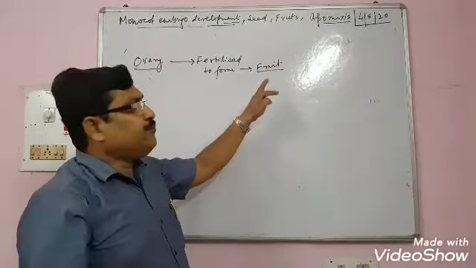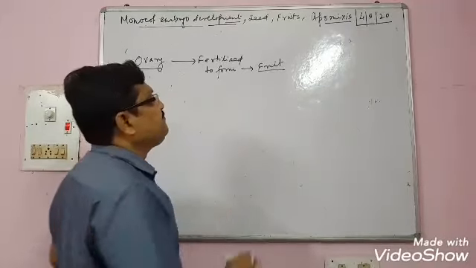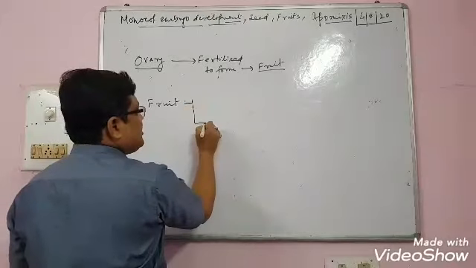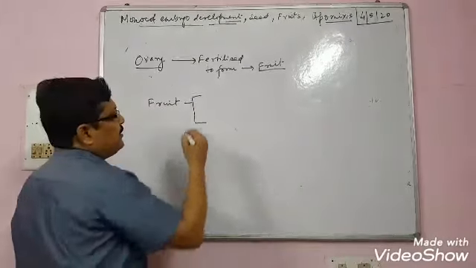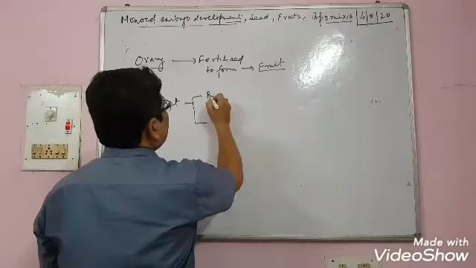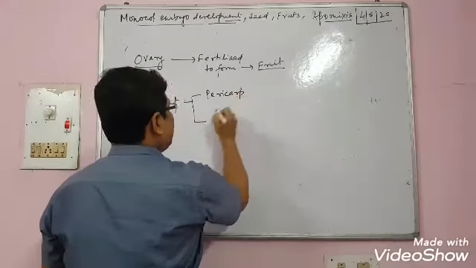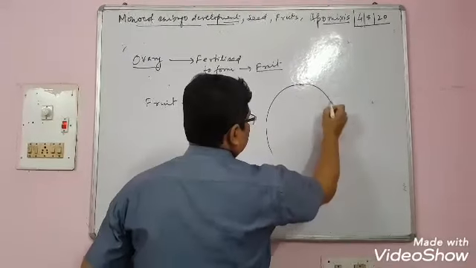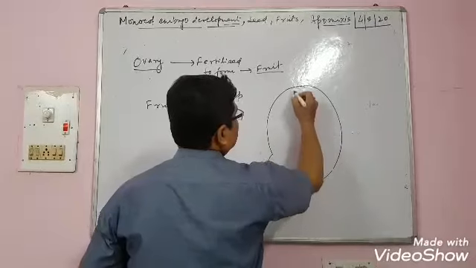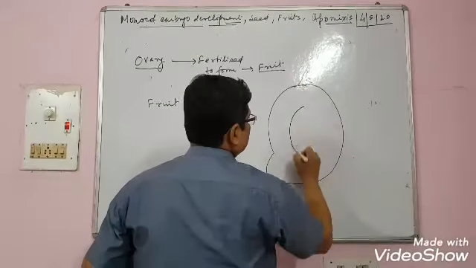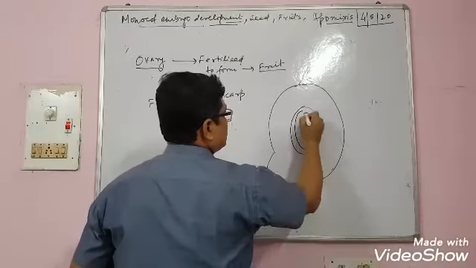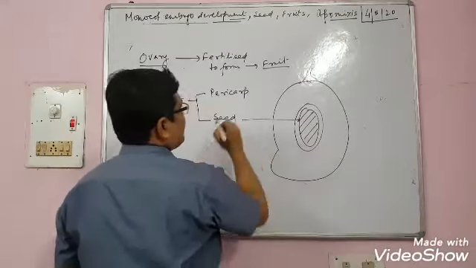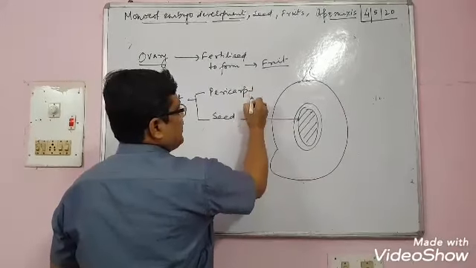So the fruit is the fertilized ovary. The fruit has basically two parts, the pericarp and the seed. This is the seed, and the pericarp is again divided into three parts.